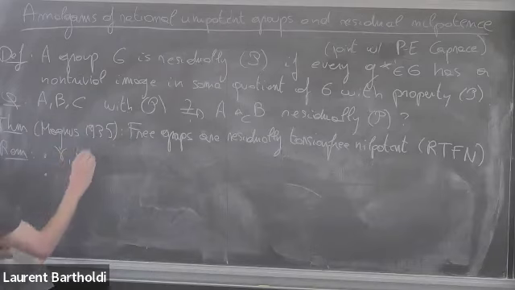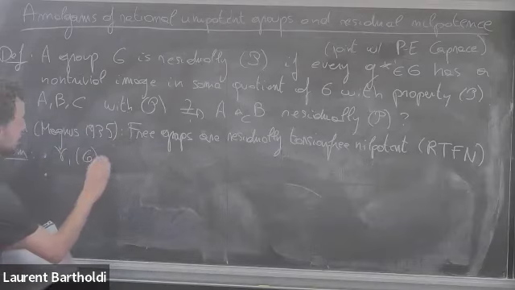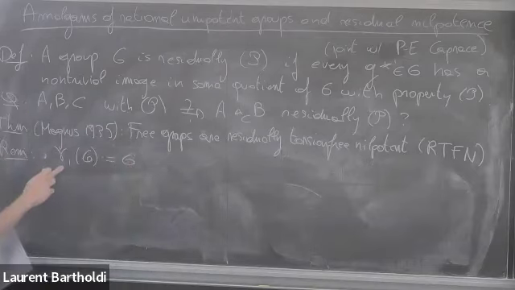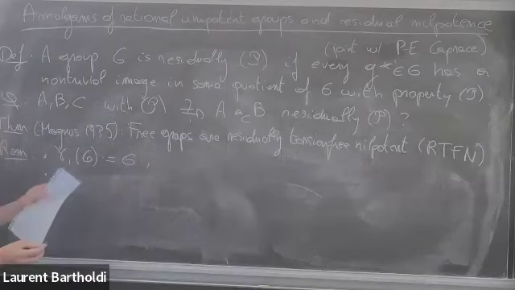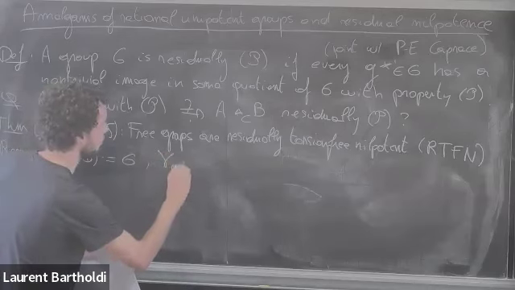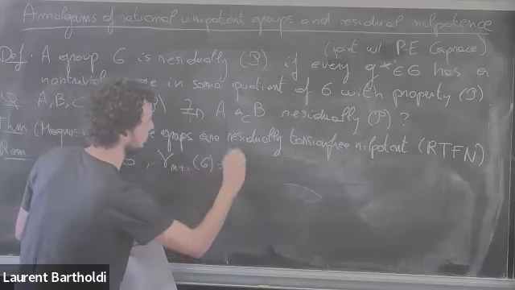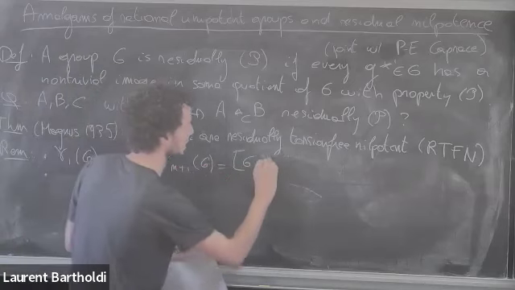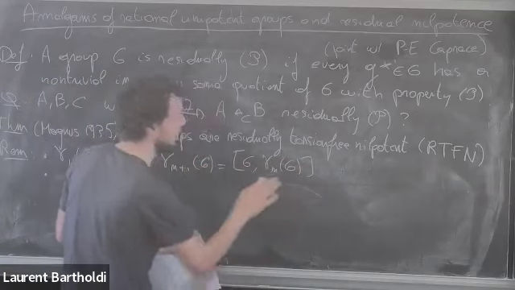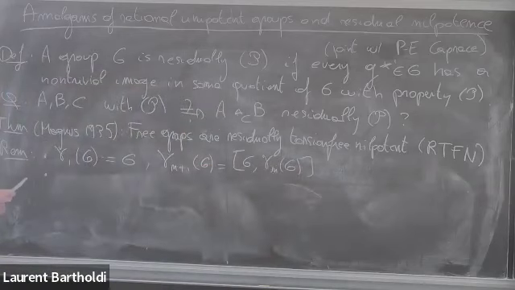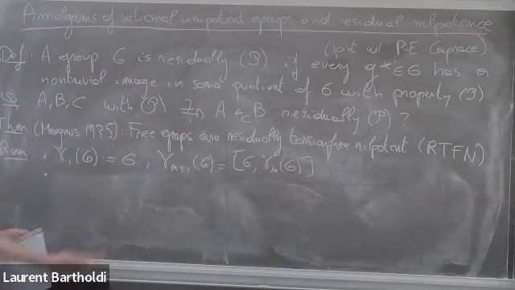So I will denote by gamma n of G the lower central series of G. So gamma 1 of G is just G, and gamma n plus 1 of G is the subgroup generated by all the commutator brackets of elements in G and gamma n of G. So G is nilpotent, of course, if gamma n of G is trivial for some n.